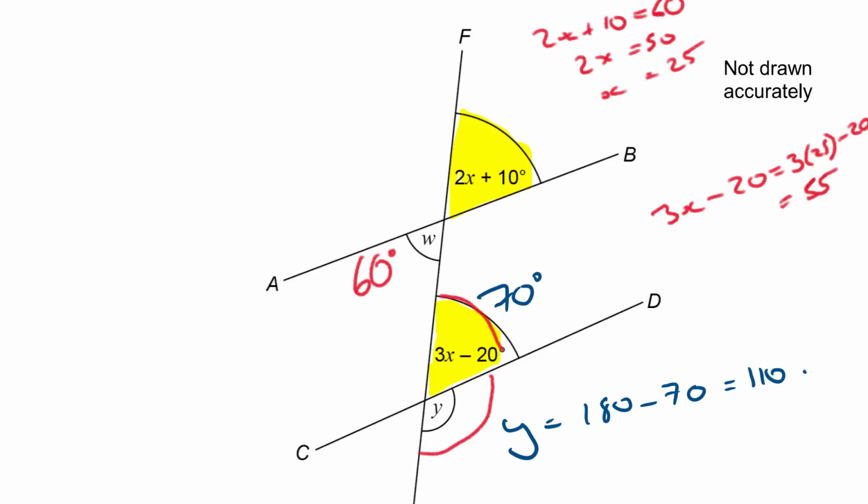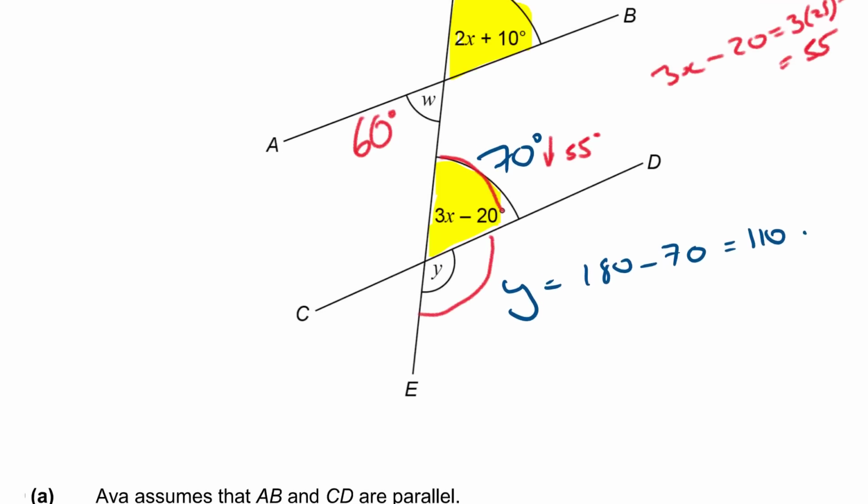So that angle is going to get smaller from 70, what we thought it was before. It's now going down to 55. Okay, so if that angle decreases from 70 to 55, it's dropping by 15, then my angle y is going to increase by 15. That's going to go up to 125 then, isn't it?